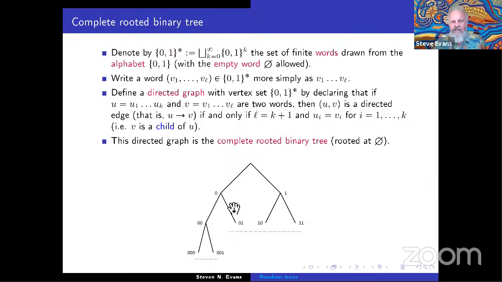So in this picture here, 0 is less than 0,0,0, for example. It's just saying we can find a downward directed path from the first word to the second word.